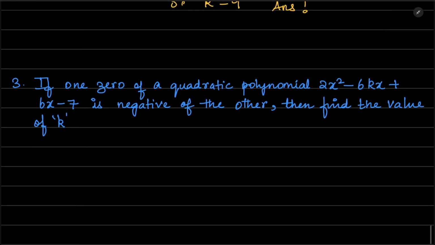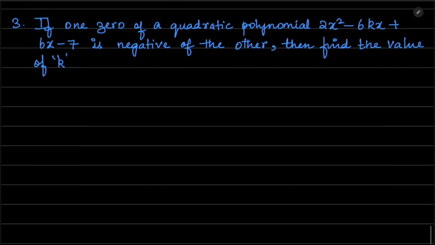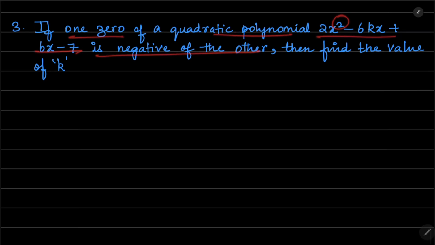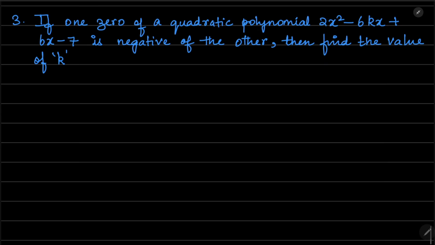Next question. You are given a quadratic polynomial of degree 2. If one zero of this polynomial is the negative of the other, then find the value of k. Again, always start by writing what is given.